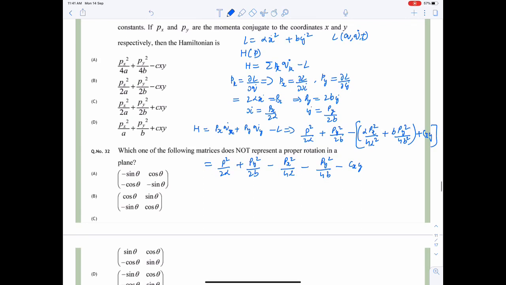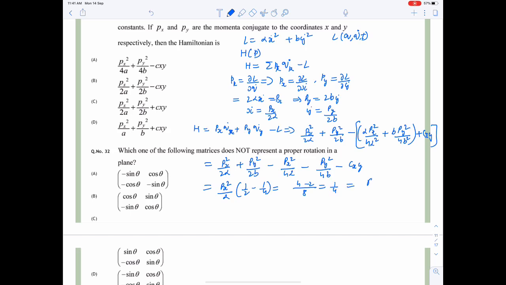Okay, so now we will solve this. You can take px square upon alpha common, so 1 upon 2 minus 1 upon 4, which will become 1 by 4.